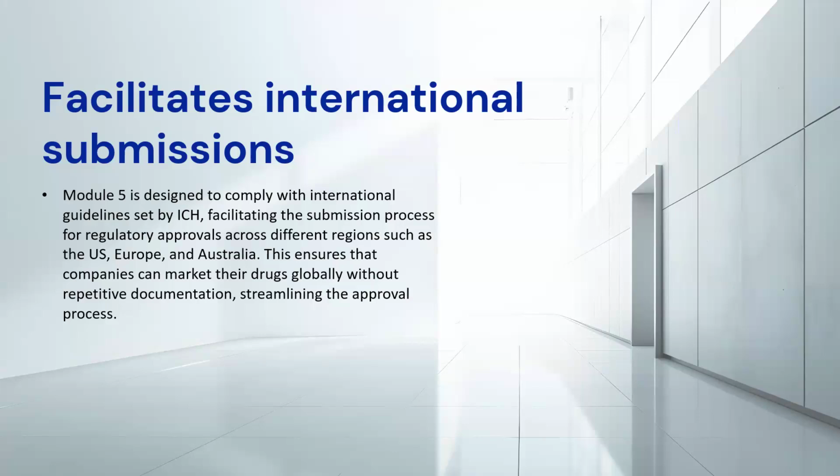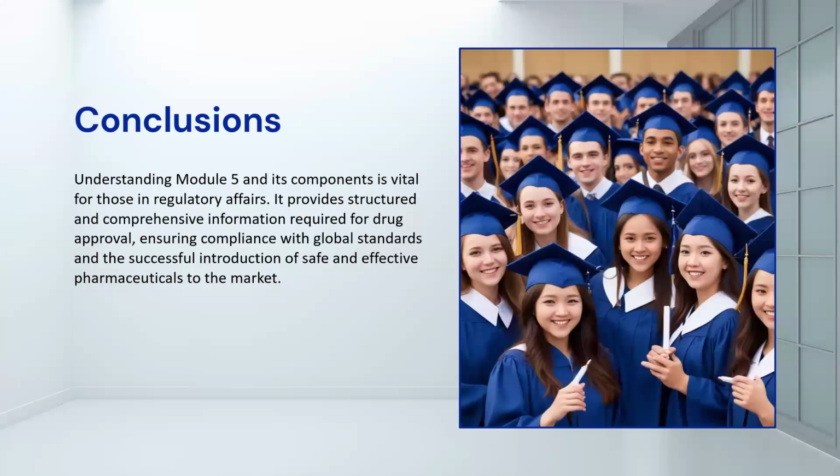So if you've submitted data for a stringent market, US FDA or EMA, then you don't have to make revisions to reports. You can submit those study reports in the non-regulated market as well. Okay, this ensures that the companies can market their drug globally without repetitive documentation and therefore streamlines the approval process.